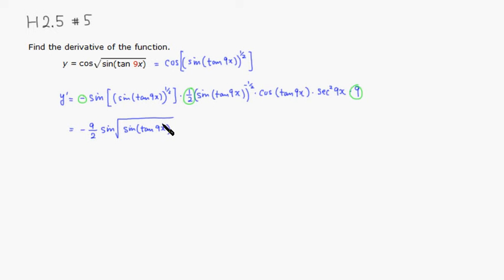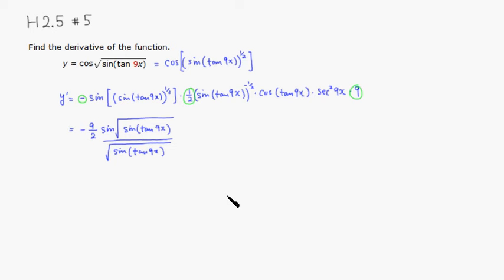Because of the negative 1/2 power, we can put it on the bottom as the square root of sine of tangent of 9x.